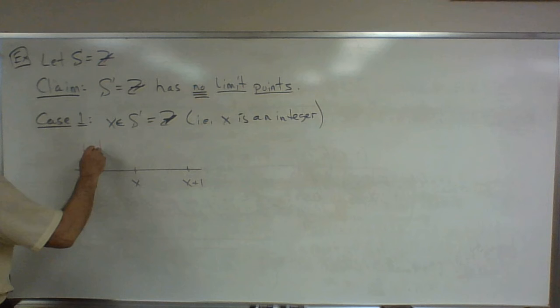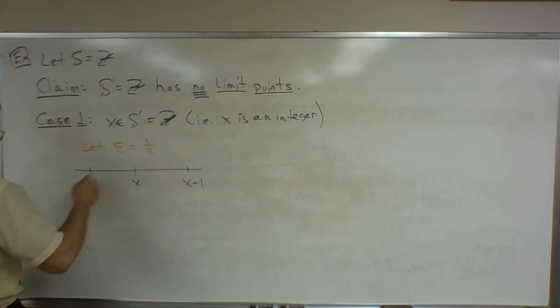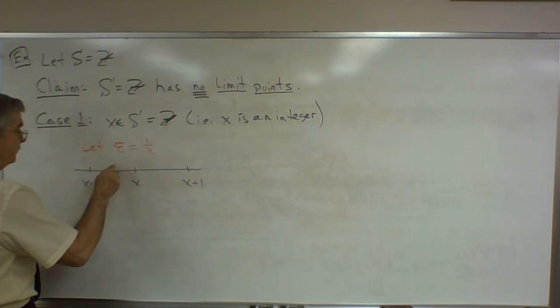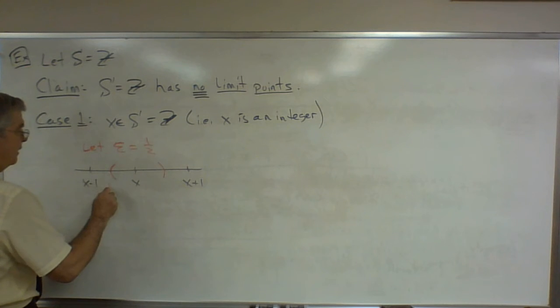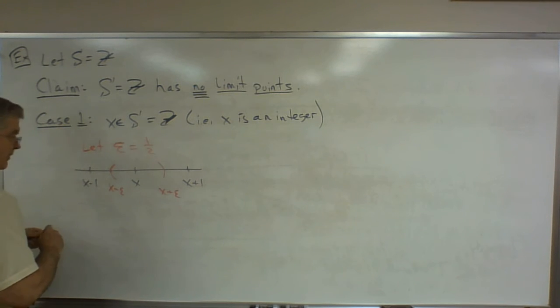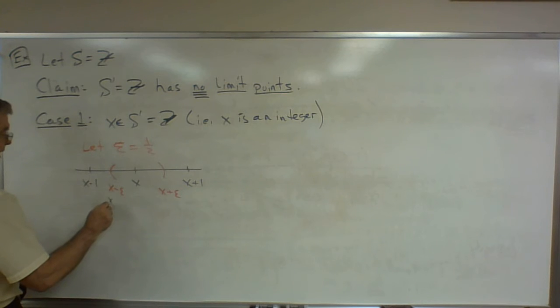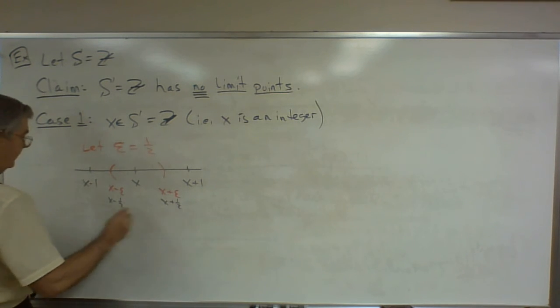We'll let epsilon equal 1/2. So here's our interval. Here's x minus epsilon. Here's x plus epsilon. That is x minus 1/2, x plus 1/2.